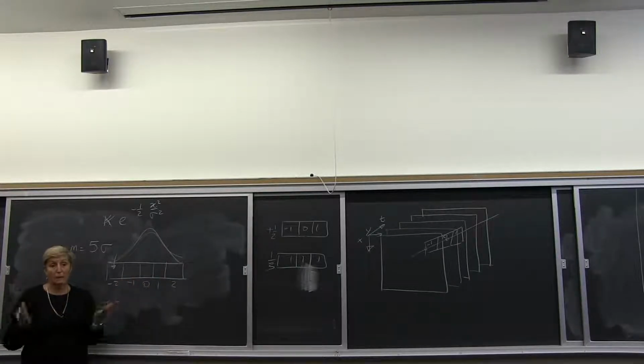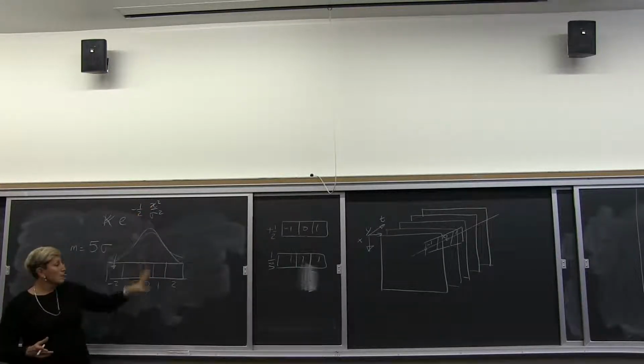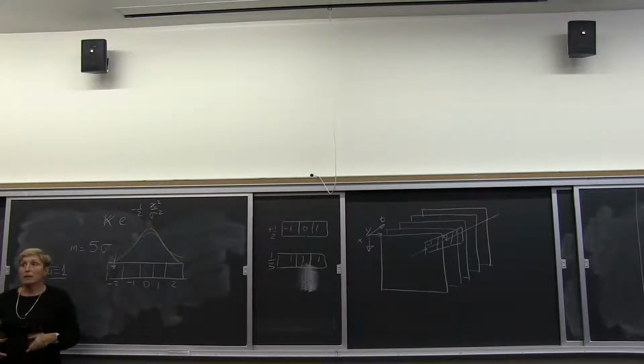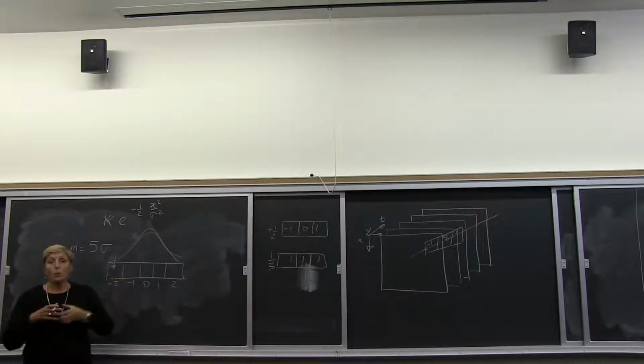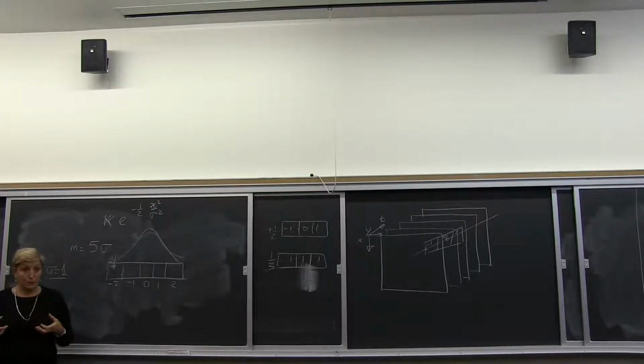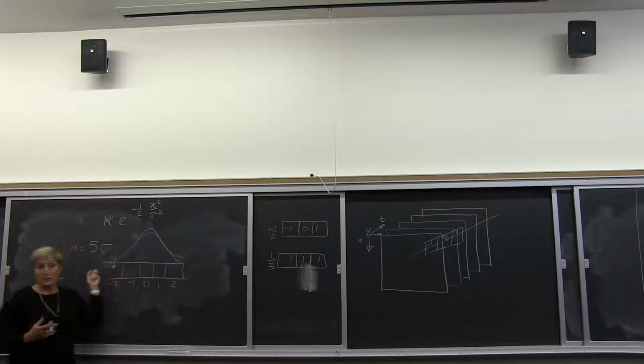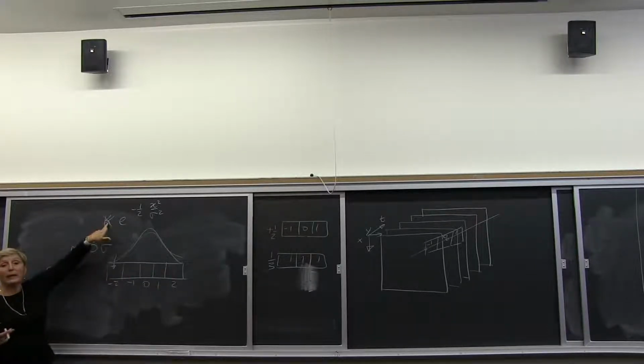It's symmetric because I have an x squared, so this guy is the same as this guy. Now these numbers should add to 1 because I want this to be an average filter. They're all positive, that's fine, but I also want them to sum to 1. So what I can do is divide by the sum of these numbers, and that will be my k.